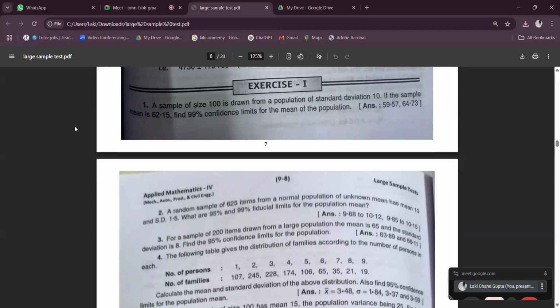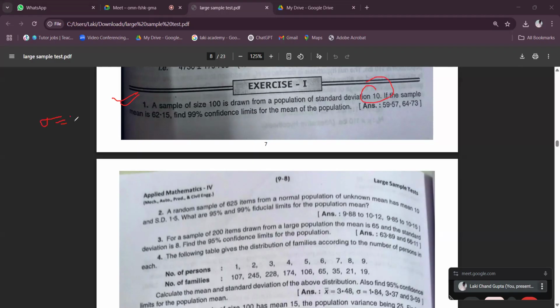Try this first one. Here sample size means the number of samples, and the sample mean is 62.15. Standard deviation is what?